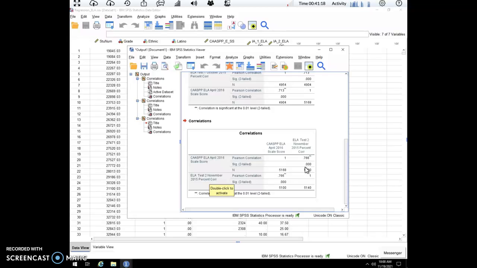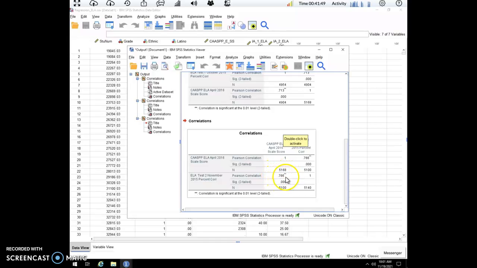So the final correlation question asks us which one would be a better predictor for the April test. So what we can do is compare those correlations for the April test. We had the October and April with a correlation of 0.713, and then we had the April and November tests, 0.766.